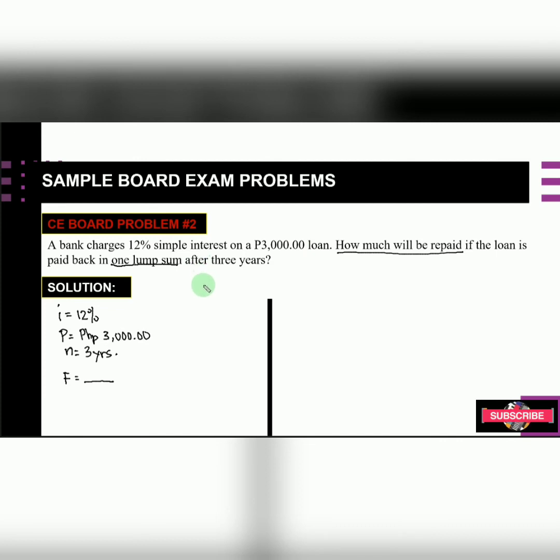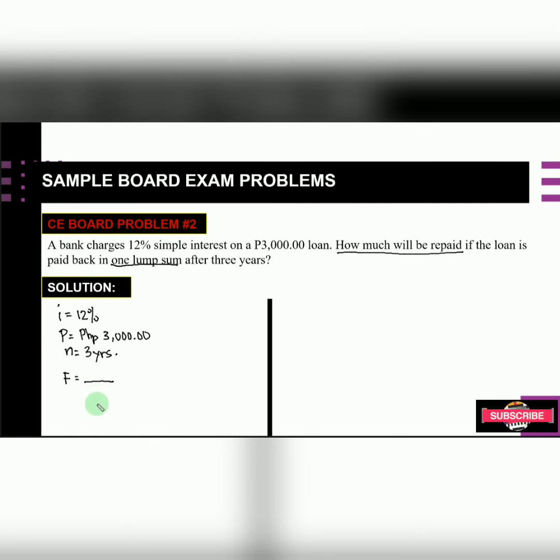Based on the problem, it does not indicate what type of simple interest this is. Is it an ordinary simple interest or an exact simple interest? The problem does not indicate if it is ordinary or exact. So your approach here is just simply as a simple interest, as in our first slide before we go into this problem solving.